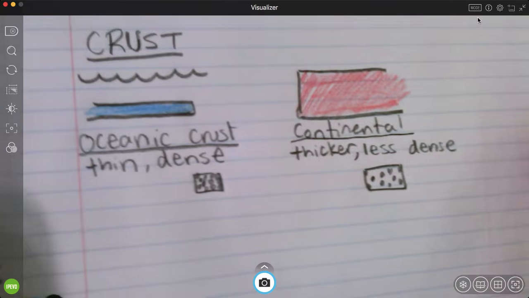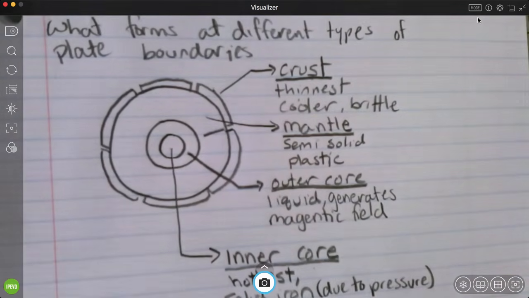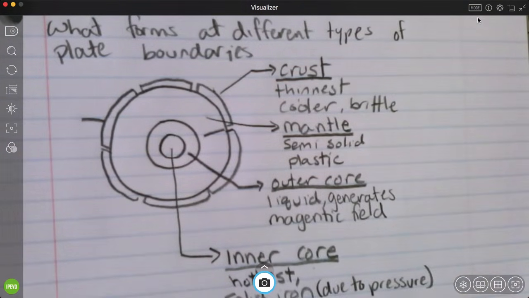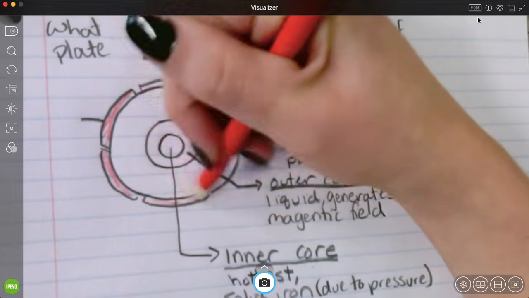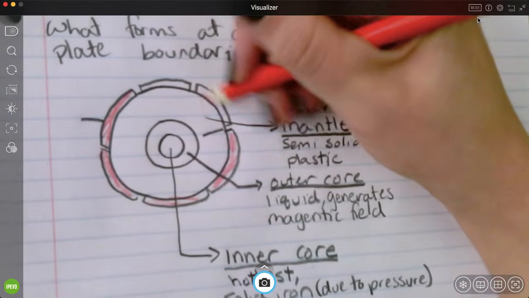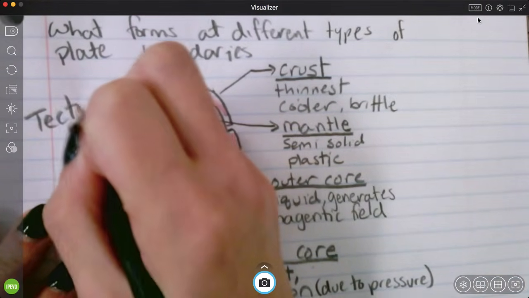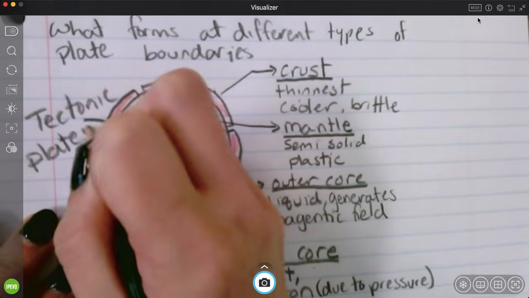I'm actually going to come back up here to our Earth diagram. These things that I drew, the crusty crusties on the outside, these are called tectonic plates. And these tectonic plates move around, alright?